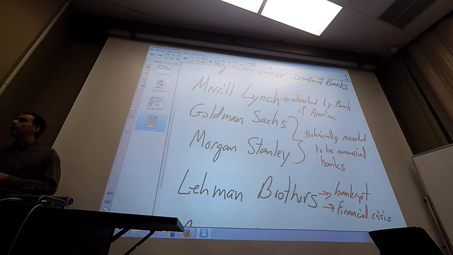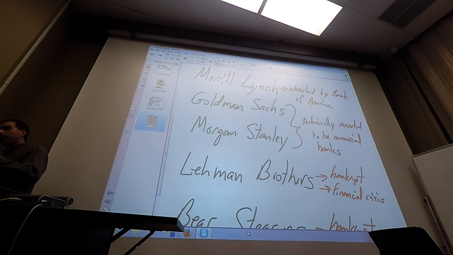Even though they were never real commercial banks, they were always investment banks. And Goldman Sachs and Morgan Stanley, they kind of survived as investment banks. And so after this, these 5 firms that kind of dominated forever kind of are gone as far as how the structure was for the past century.